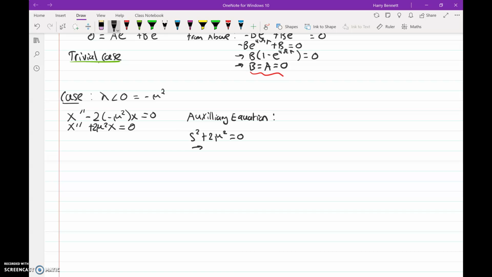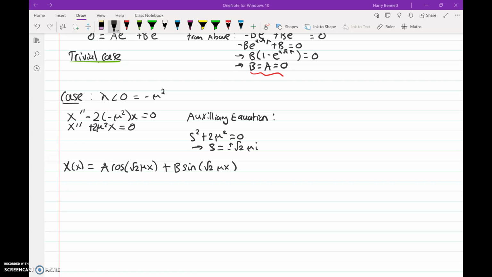So it follows that the solutions are s is equal to plus minus root 2 mu i. Hence, the general solution follows that X must be equal to a times cosine of root 2 mu x plus b times sine of root 2 mu x.